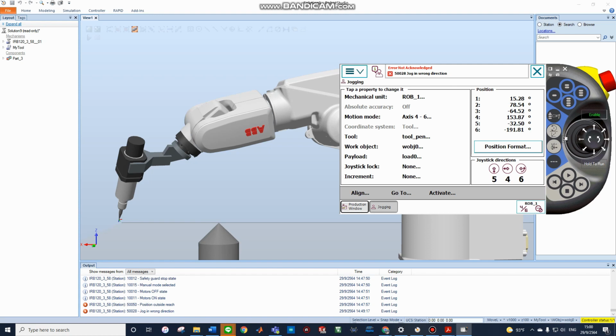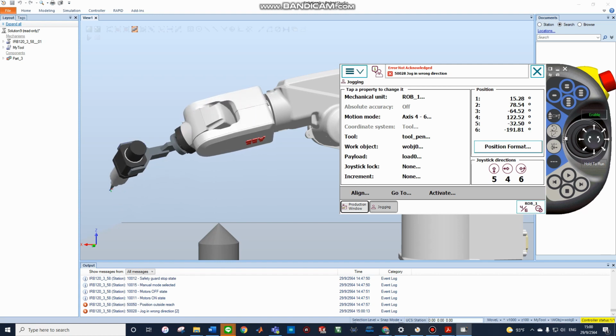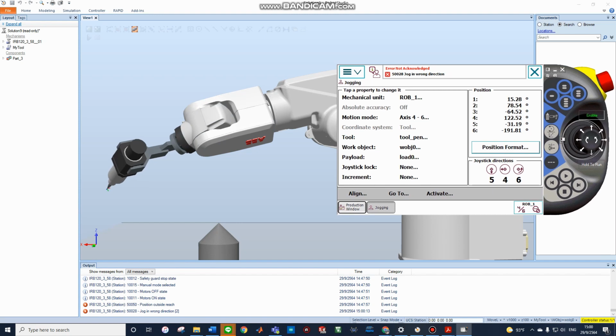I show you this, move along. And axis 5 will move up and move down in axis 4. And I show you like this.